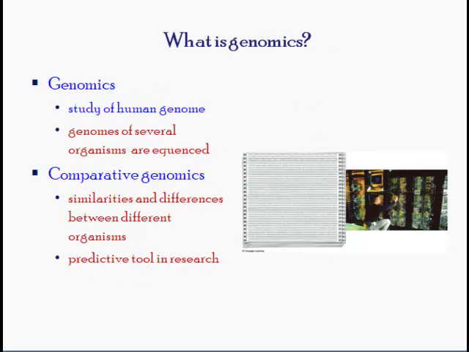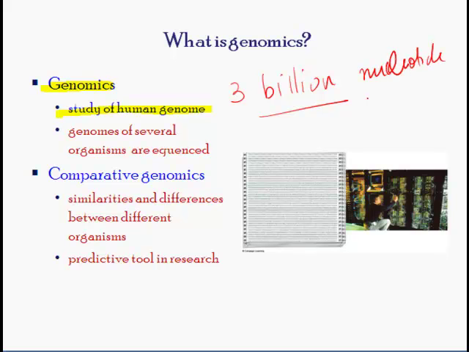Last but almost there, genomics is a very broad branch. Genomics is a term that implies the study of the human genome. The human genome is a very large project, and it has been sequenced, and there are 3 billion nucleotides in a human DNA sequence. Out of the 3 billion, 2% makes sense.